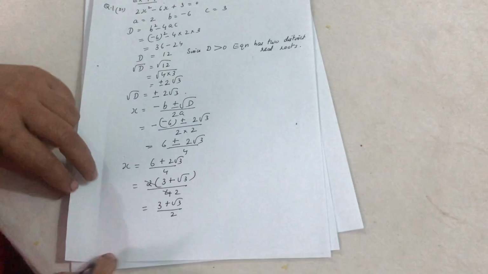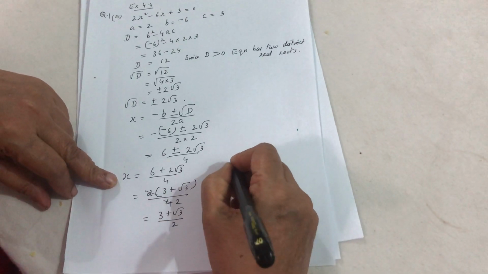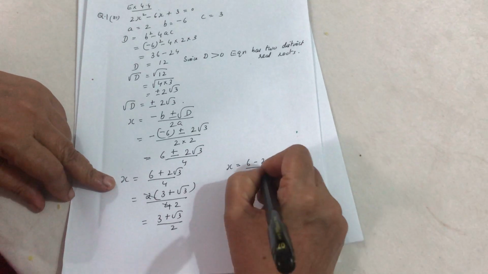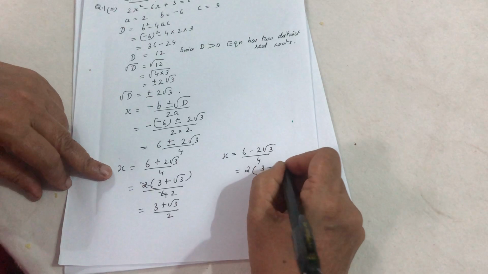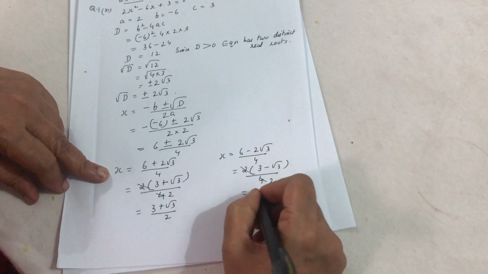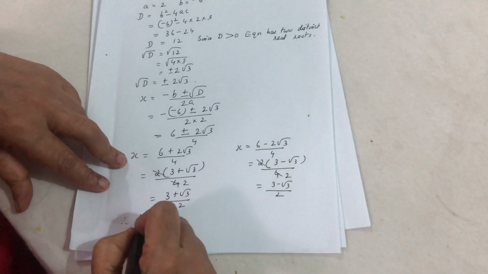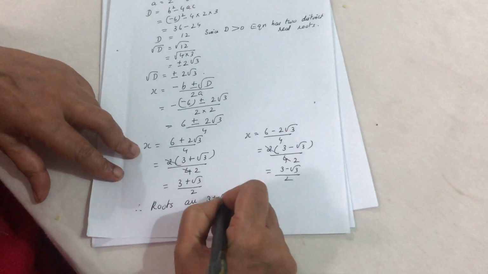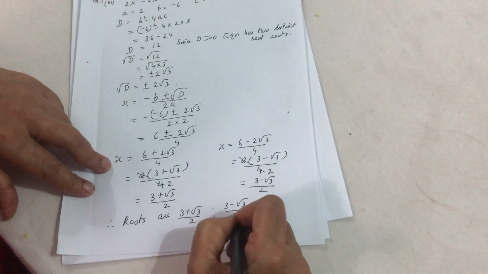On the other side, x is equal to 6 minus 2 root 3 by 4, take 2 out, 3 minus root 3 by 4, so it is 3 minus root 3 by 2. Therefore roots are 3 plus root 3 by 2 and 3 minus root 3 by 2.